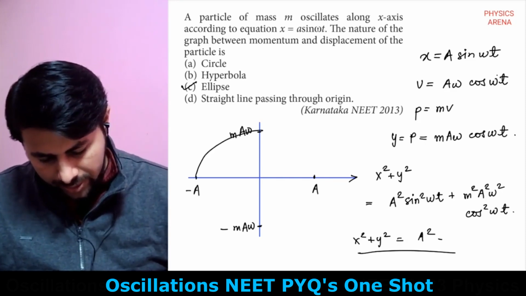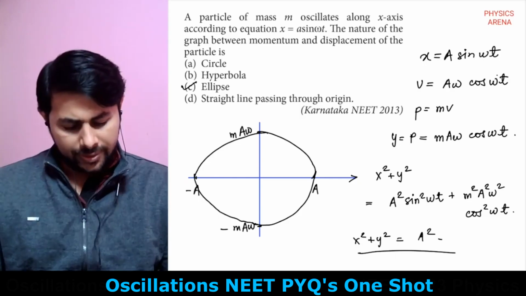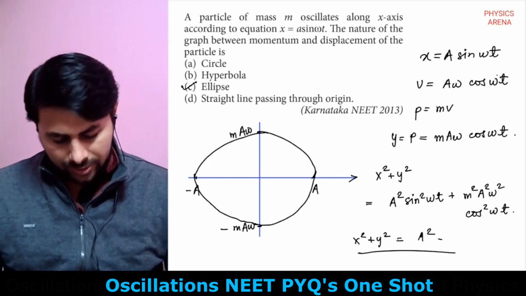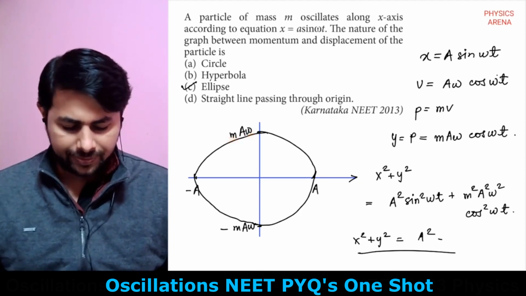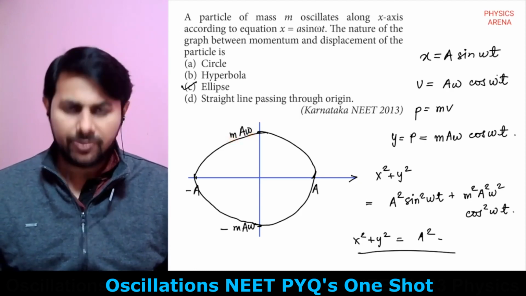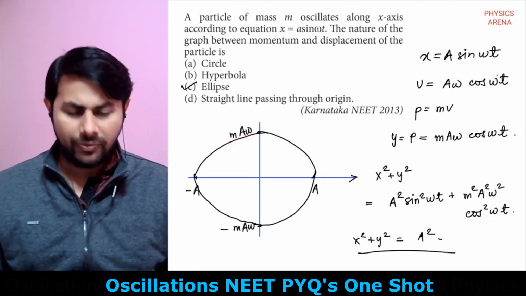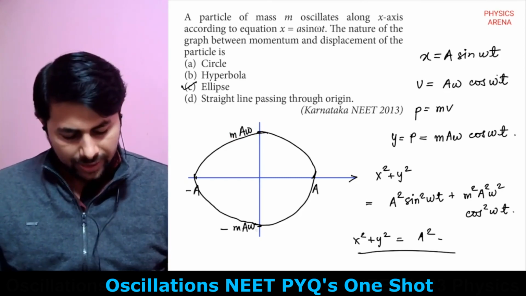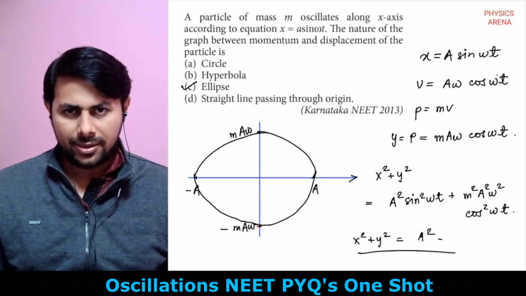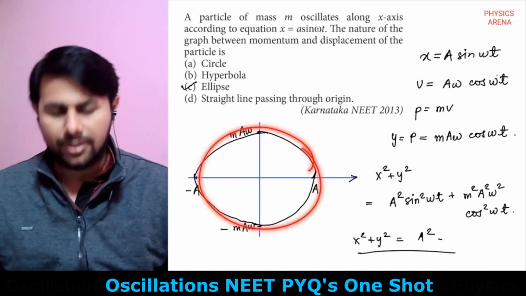So the ellipse will look like this. Now it depends on the values of m and omega. If m and omega are 1 and 1, then this thing becomes a and this becomes minus a. So then it will be a circle.